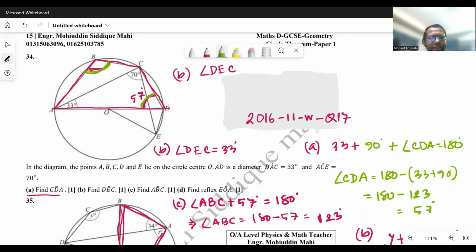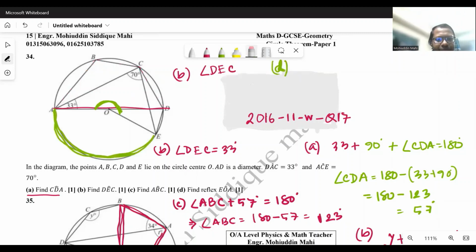Next, we have to find out reflex angle EOA. We know that reflex angles are angles which are greater than 180 degrees. So EOA means we have to find out this angle. Now, how can we find it out? In question D, on the same arc AE, angle at the circumference is 70 degrees.